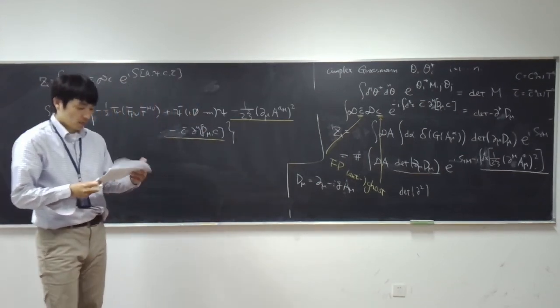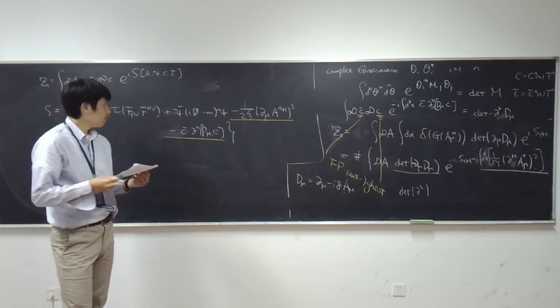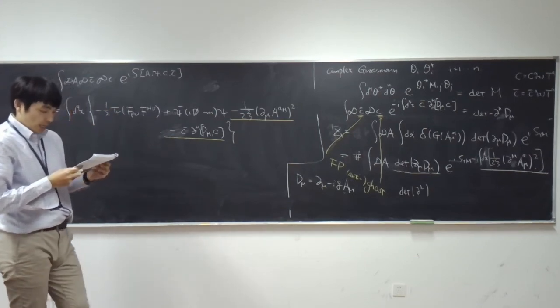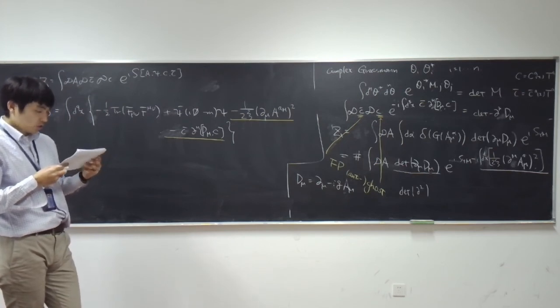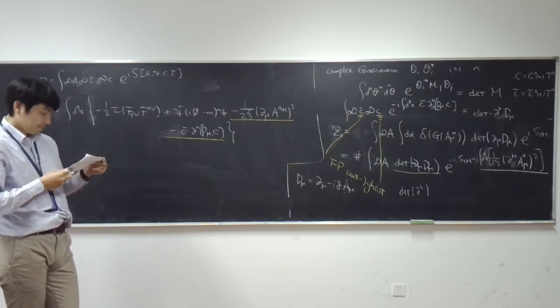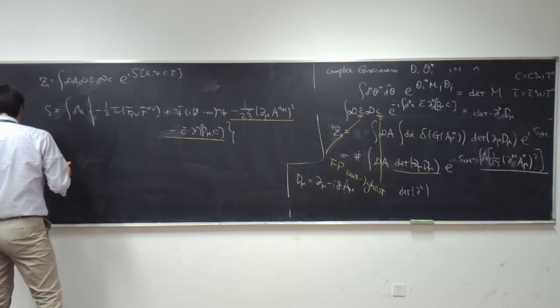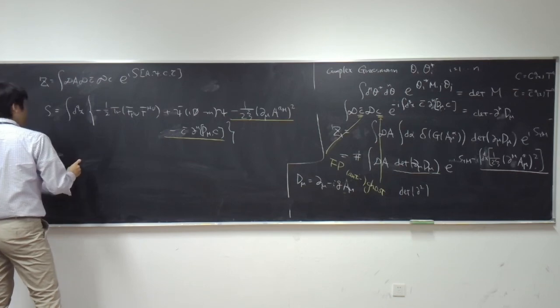Okay, then we can read off the so-called Feynman rules for this gauge-fixed Yang-Mills Lagrangian. And before that, I just want to introduce, from here, we can rewrite this action as follows: the integral d4x.